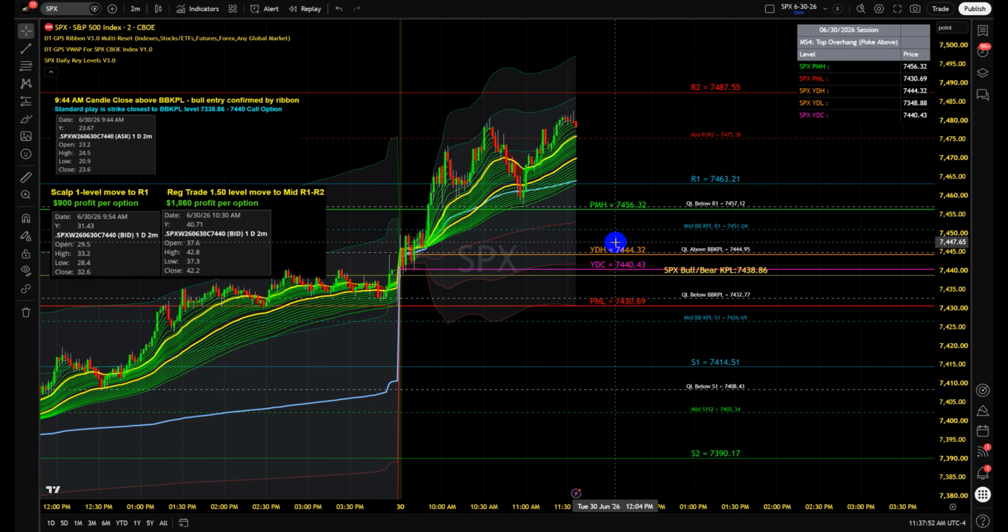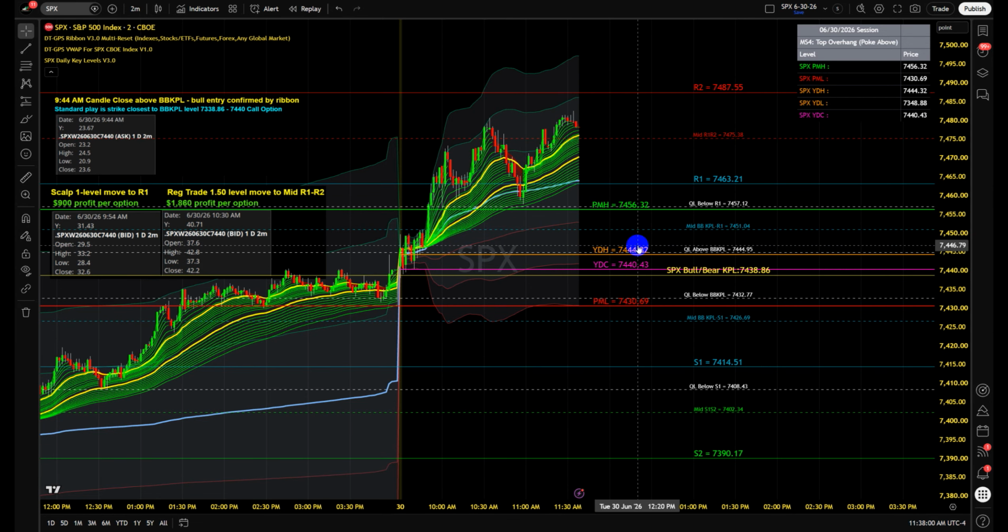If this PMH was down here and very close to the bull bear KPL, then there would just be no micro scalp available because there would be no contextual level far enough away, but still below R1. So that's how you decide on that.